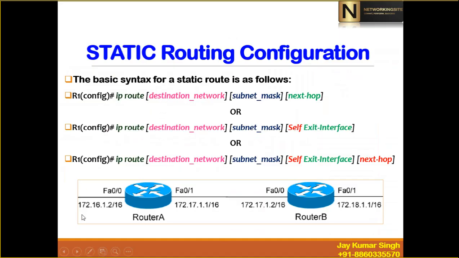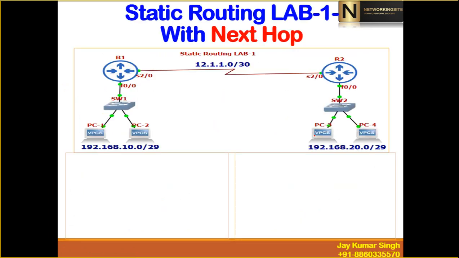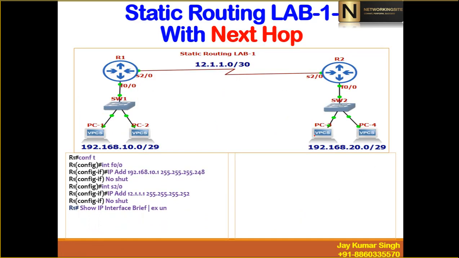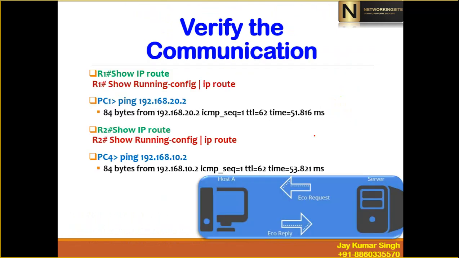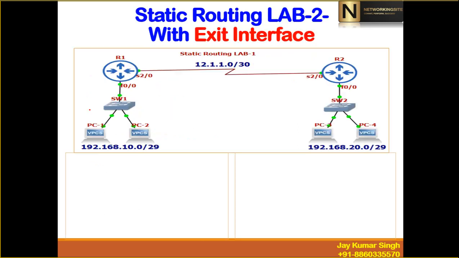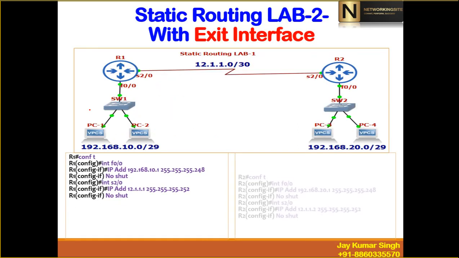So in this session we have seen two types of static routing, with next hop and with exit interface, right? We used the next hop command, and after that we verified the communication. Then we saw the exit interface configuration.